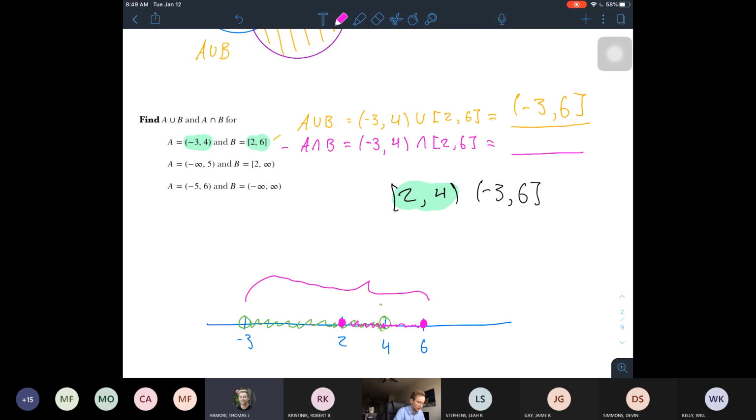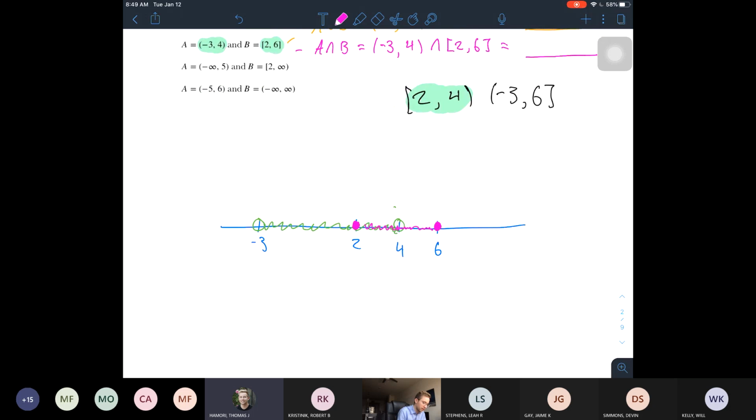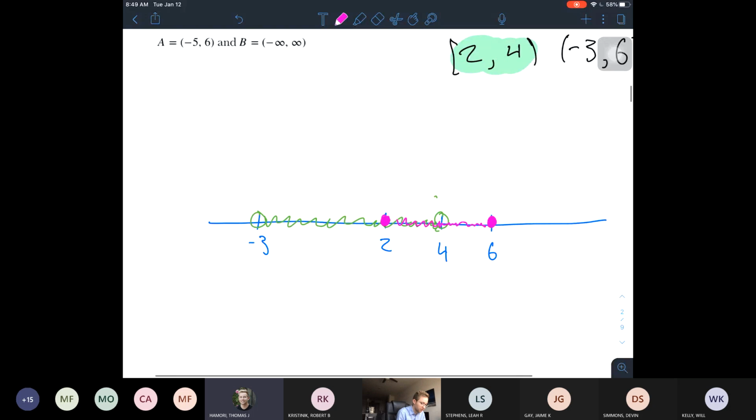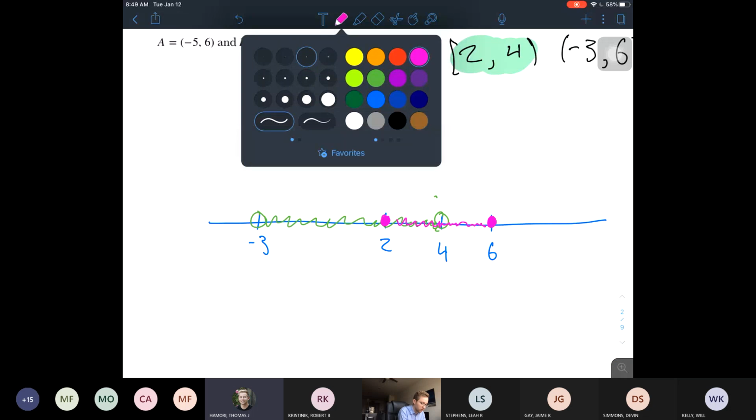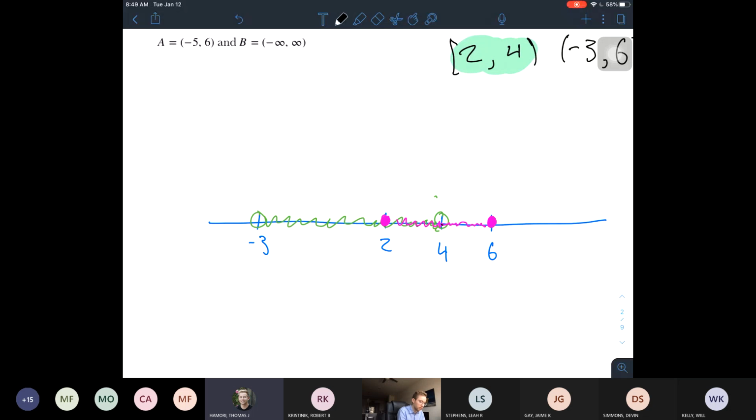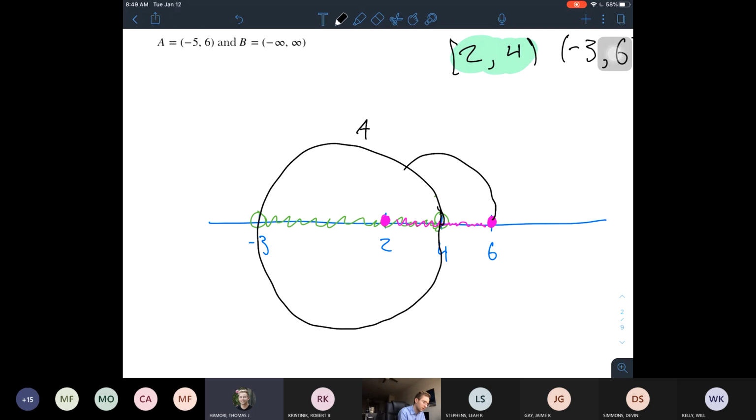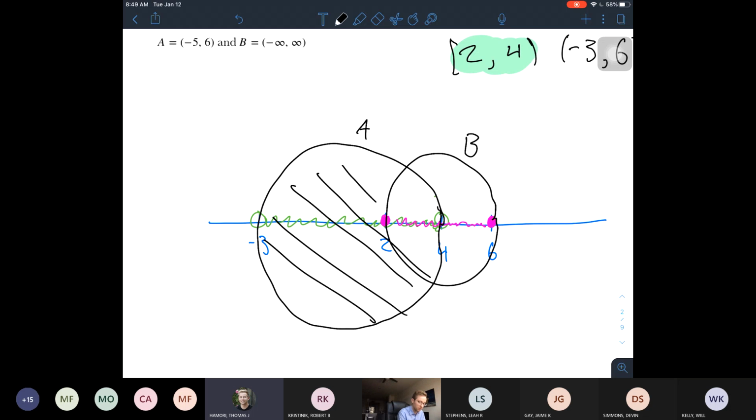Okay. You could also illustrate this even a little bit further. You could consider these as sort of our circles from before. You can think of the first circle being here. That's A. And the second circle being like this, and that's B. And remember, A union B was all of this stuff.